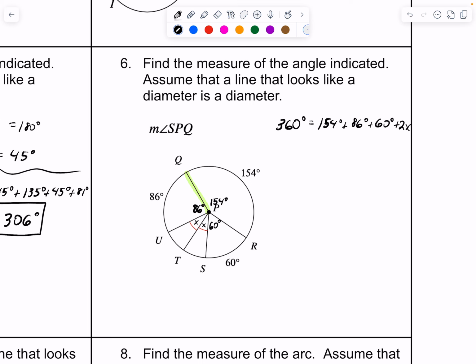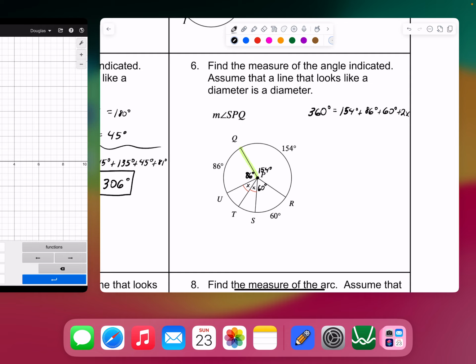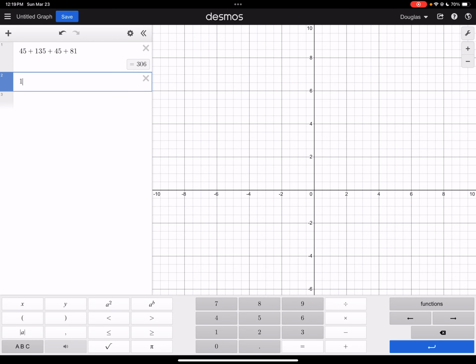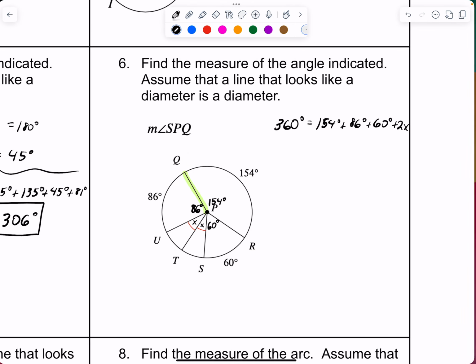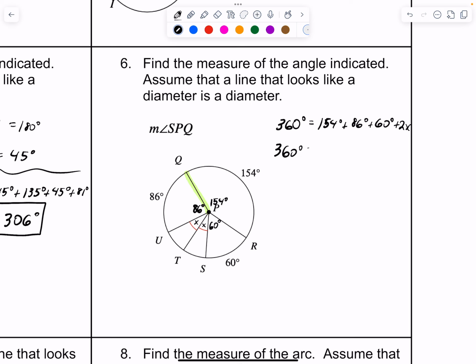All right, so getting all that together, 154 plus 86 plus 60 is going to be 300. So that's 360 equals 300 degrees plus my 2x. Move the 300 over and you get 60 degrees equals 2x. So x is equal to 30 degrees.